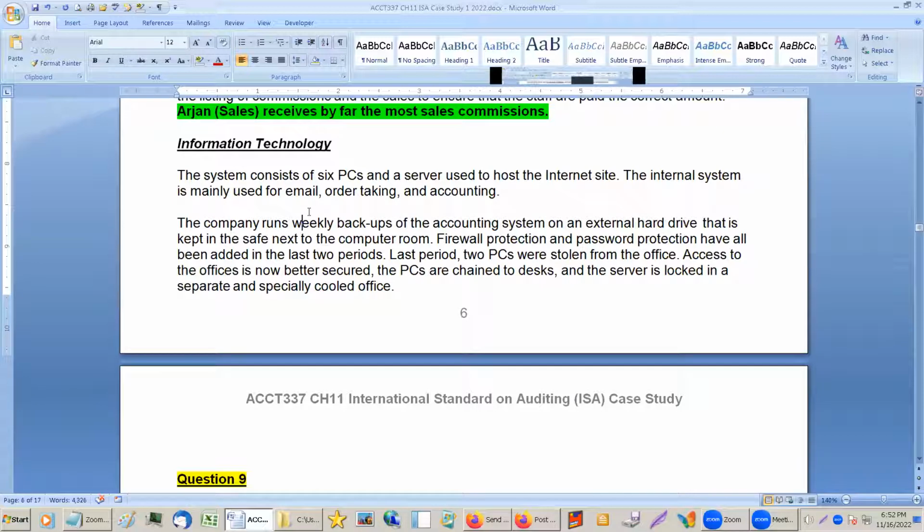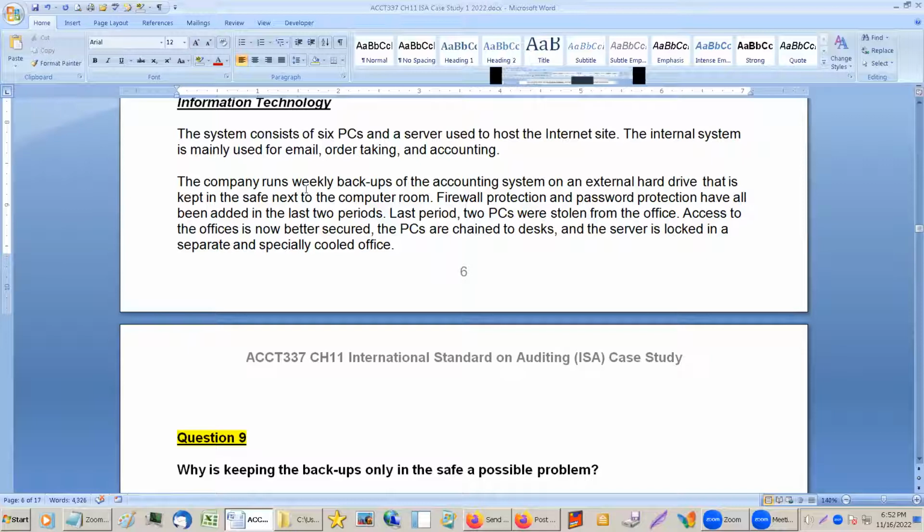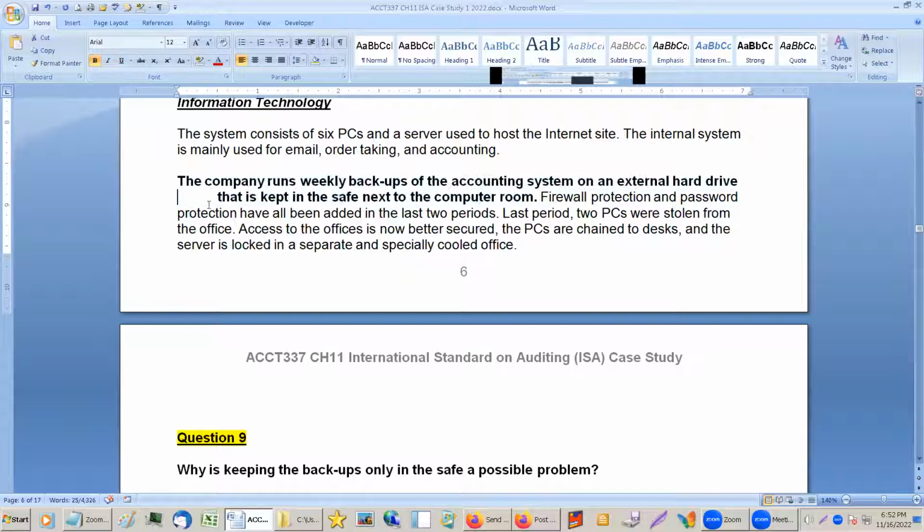Okay. The system consists of 6 PCs, the information technology. The company runs backups of the accounting system to an external hard drive that is kept in the safe next to the computer room.